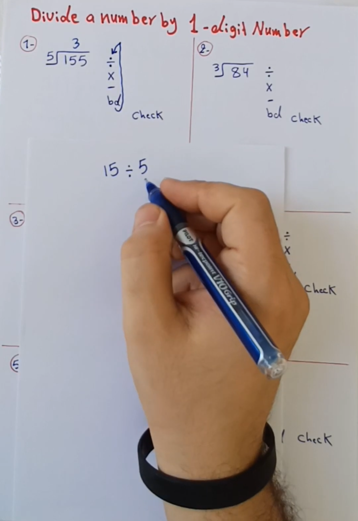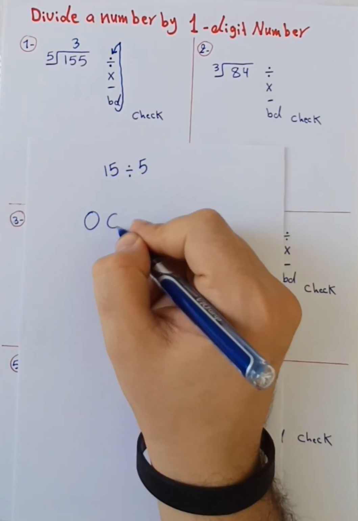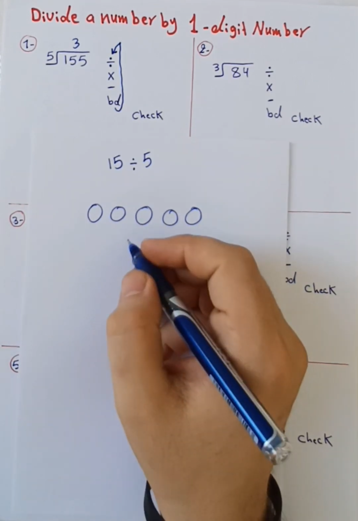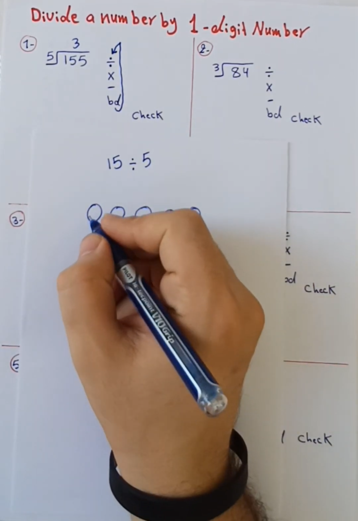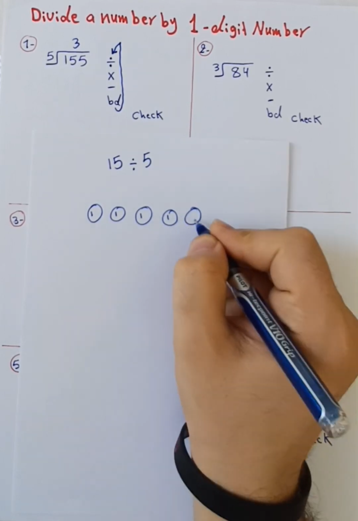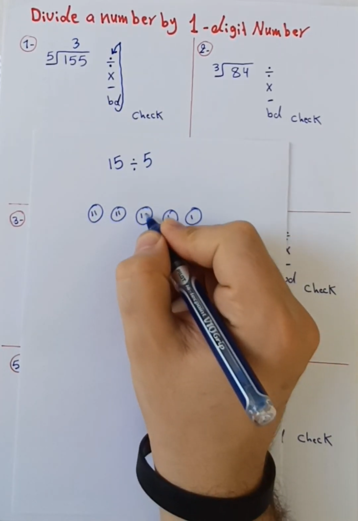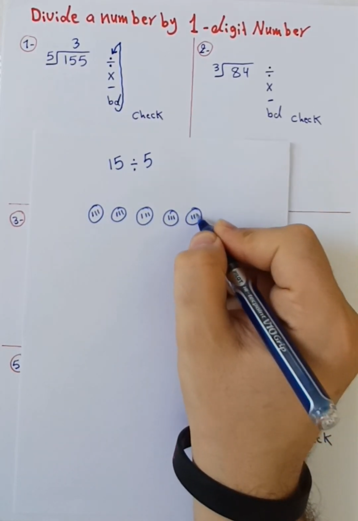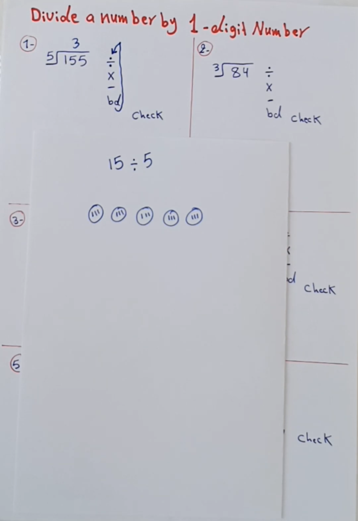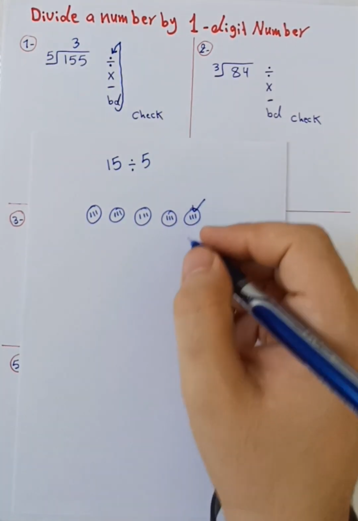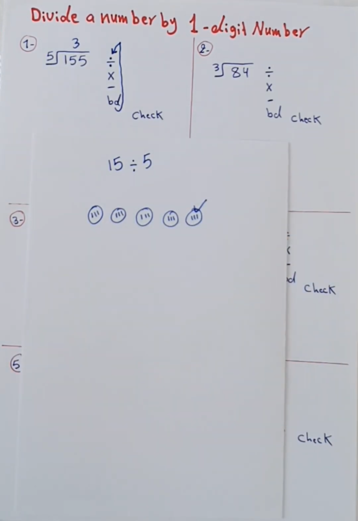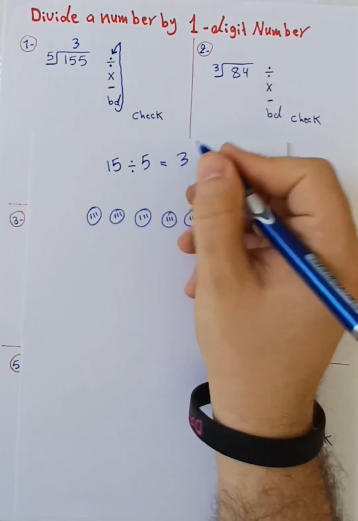You have to draw 5 circles, 1, 2, 3, 4, 5, and then you have to divide 15 equally over these circles, 1, 2, 3, 4, 5, 6, 7, 8, 9, 10, 11, 12, 13, 14, 15. And then you have to look at the last circle. We have 3 lines in the last circle, so 15 divided by 5 equal to 3.